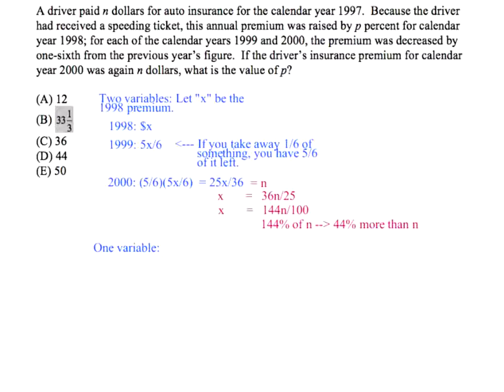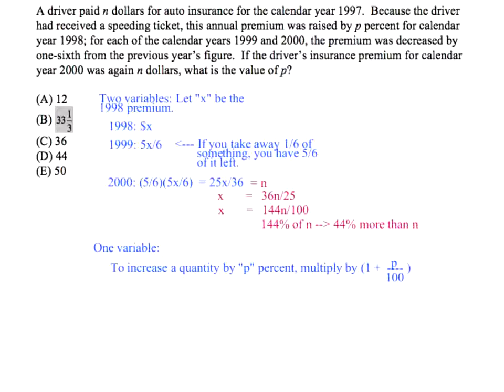To increase a quantity by P%, that's multiplication by 1 plus the fraction P over 100. So that's the first step that happens.